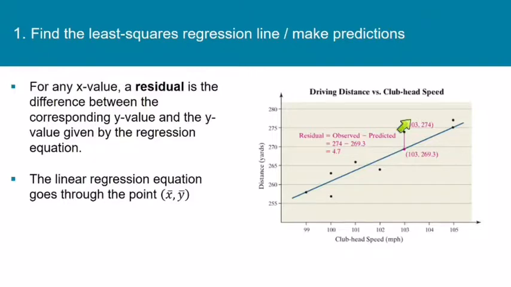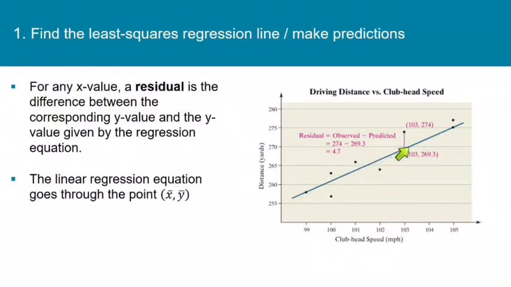So as an example, let's take this data value right here, 103, 274. You may remember that in our table of data, there was one swing where the speed of the club head was 103 and the ball traveled 274 yards. That is an actual observation.